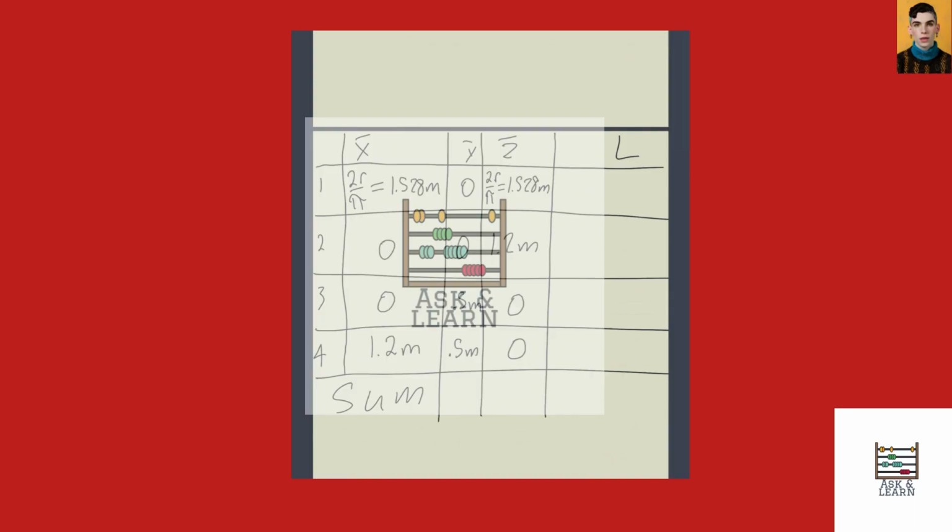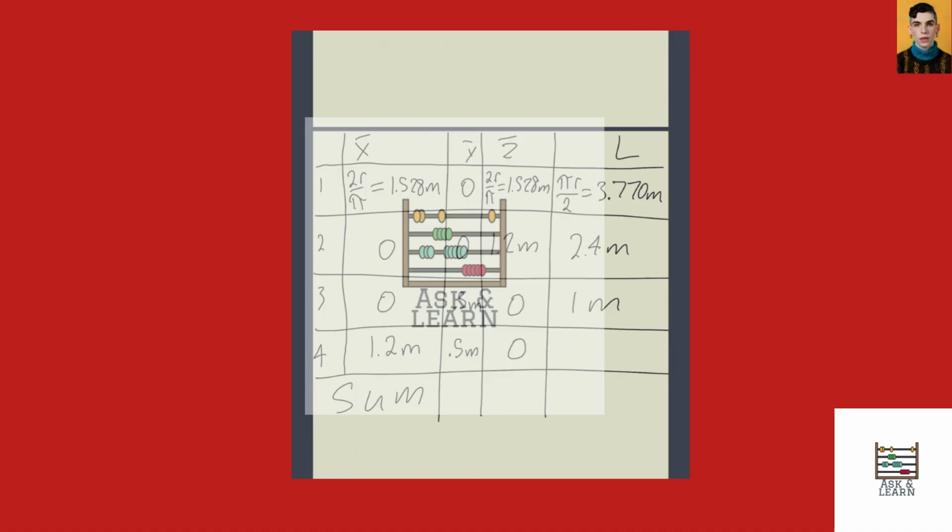And we're also going to need the length of each component as well as the sum of the lengths. And so the length of a quarter circle is pi r over 2, which is equal to 3.770 meters.